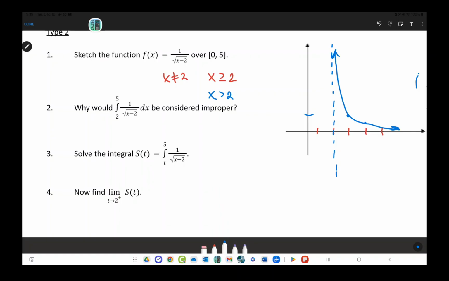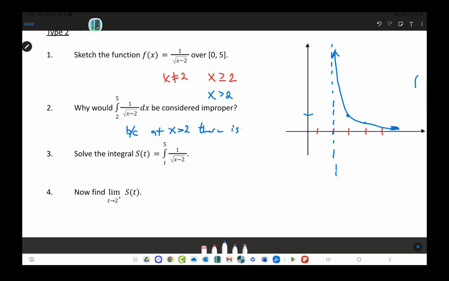So why would the integral from 2 to 5 of 1 over the square root of x minus 2 be considered improper? Well, because at x equals 2, we have what type of discontinuity?